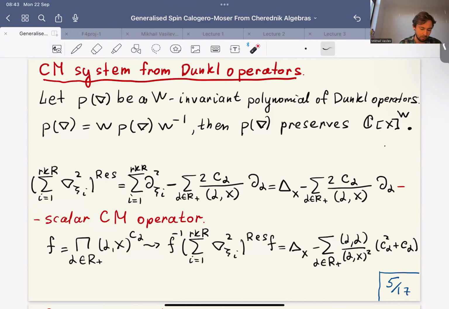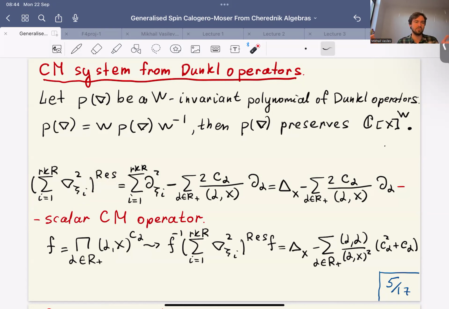We then take a variant of Newton sums. We take some orthonormal coordinates in the Cartan. We take the sum of nabla squared, and we take the restriction.